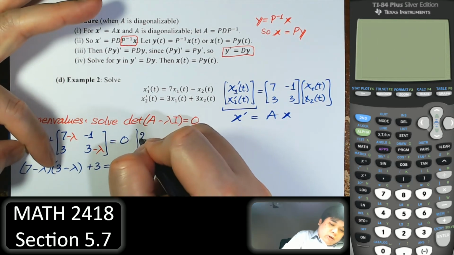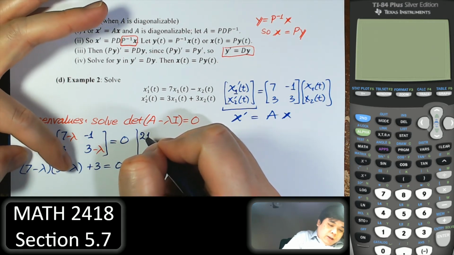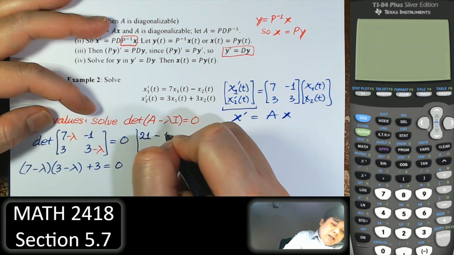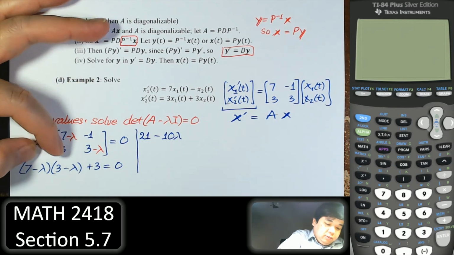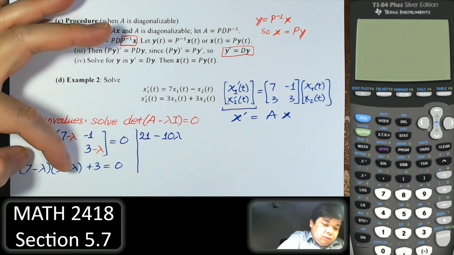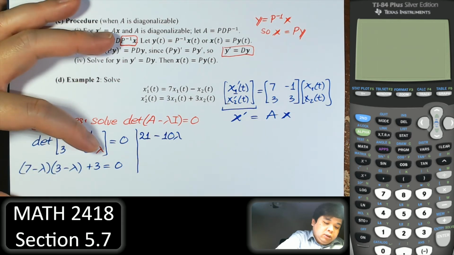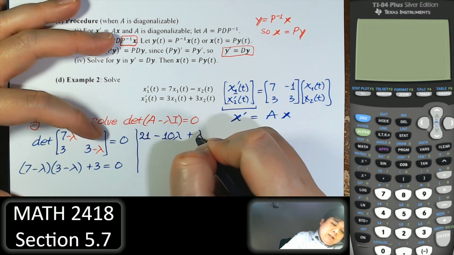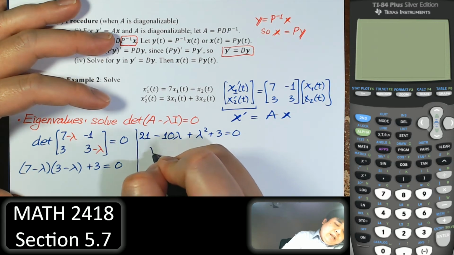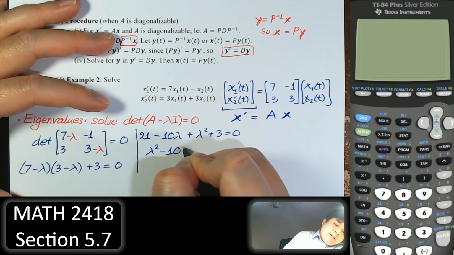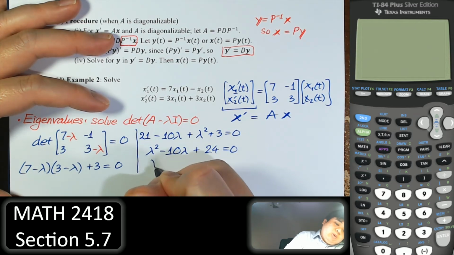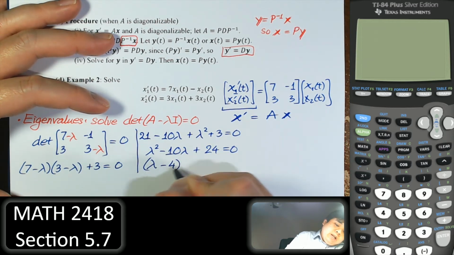So we have 21 minus 7 lambda minus 3 lambda minus 10 lambda plus lambda square plus 3 equals 0, and that gives us lambda square minus 10 lambda plus 24 equal to 0, and the factors would be minus 4 and minus 6.